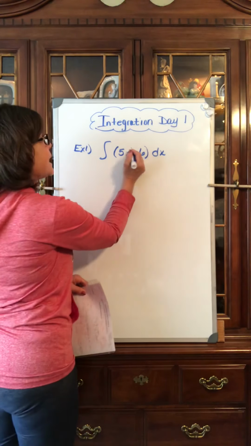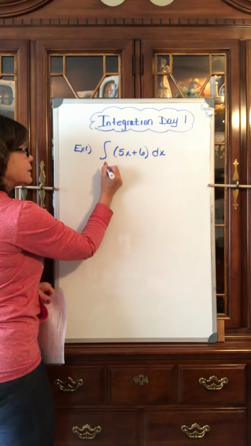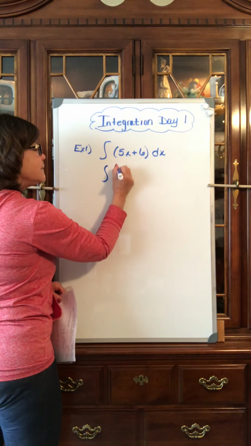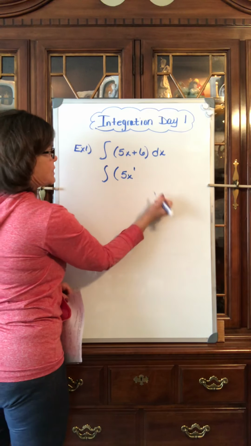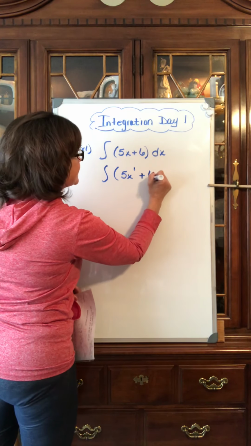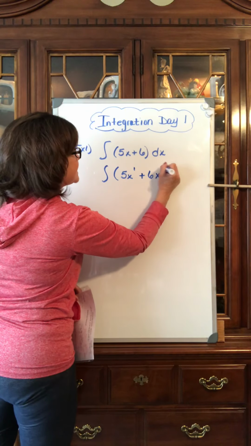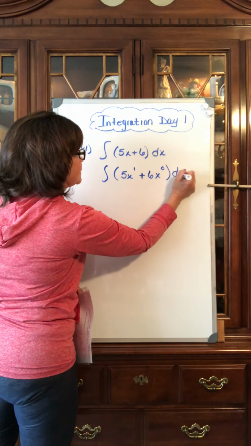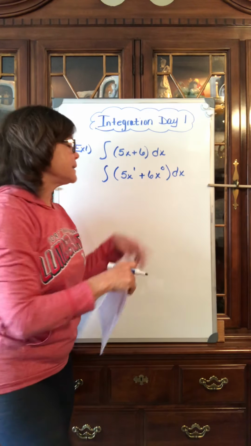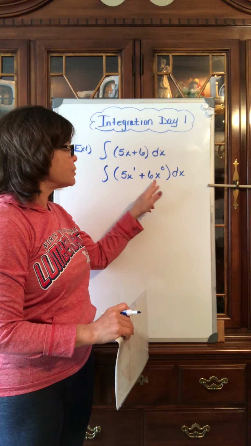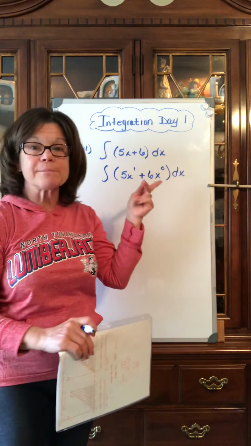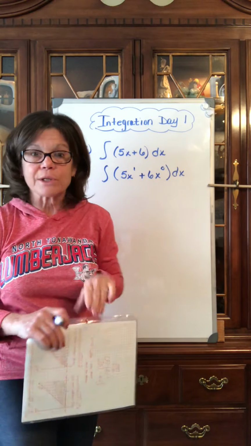Okay, so I'm going to actually add 1 line in here. So this would be the function 5x raised to the first, plus 6x raised to the 0. Remember that anything to the 0 power is 1. So this x to the 0, which is 1 times 6, is the same as this 6, but we need that variable in there to do the integration.